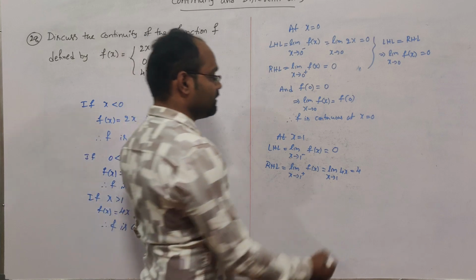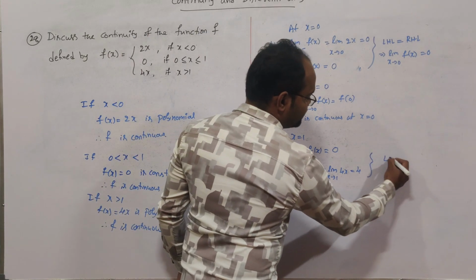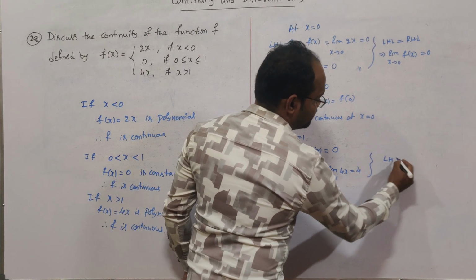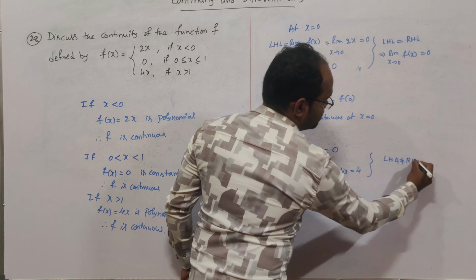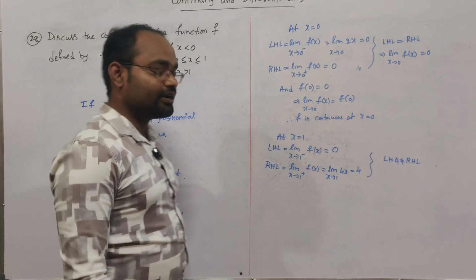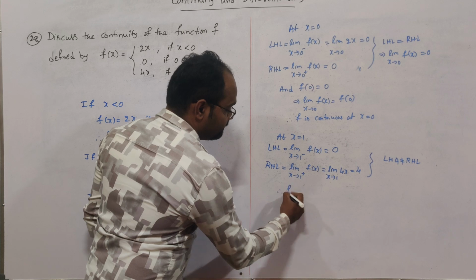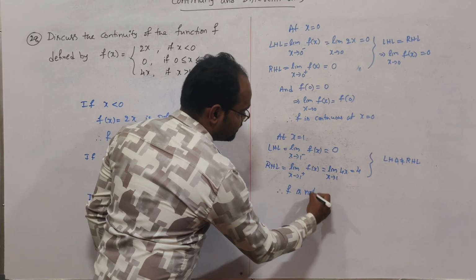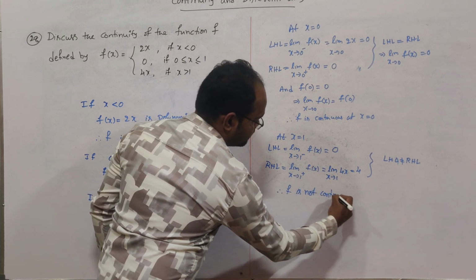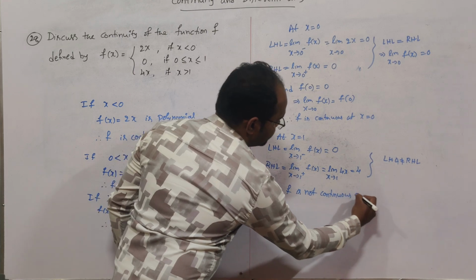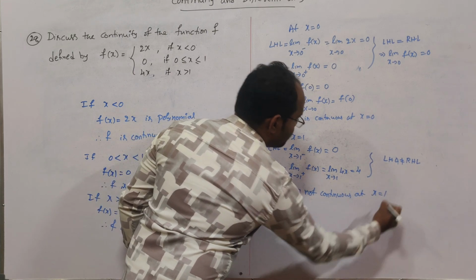So from this what we can observe, LHL is not equal to RHL, therefore f is not continuous at x is equal to 1.